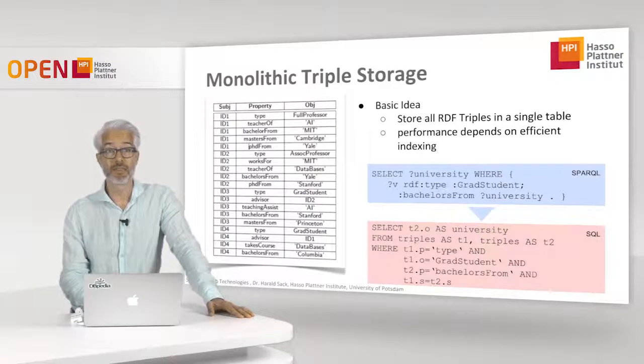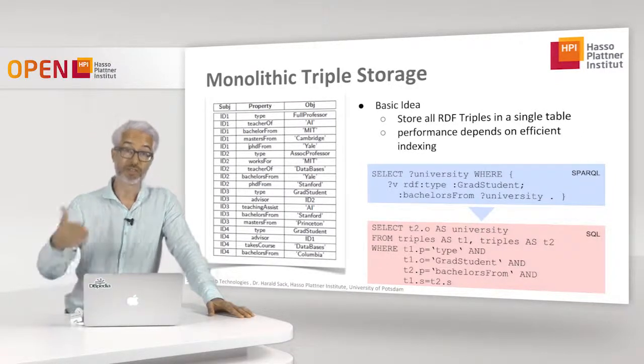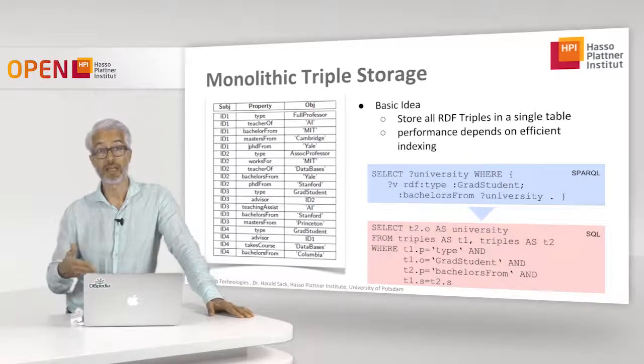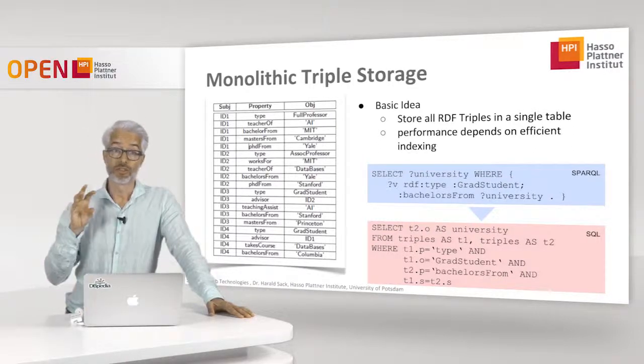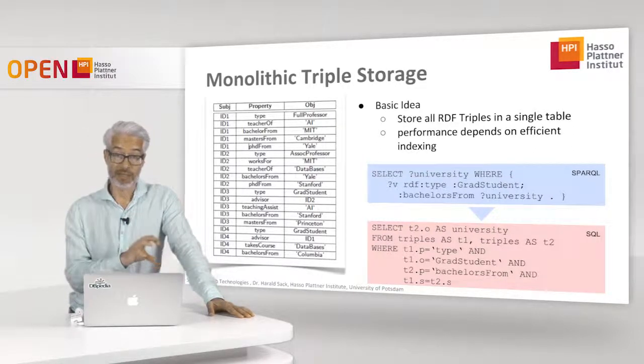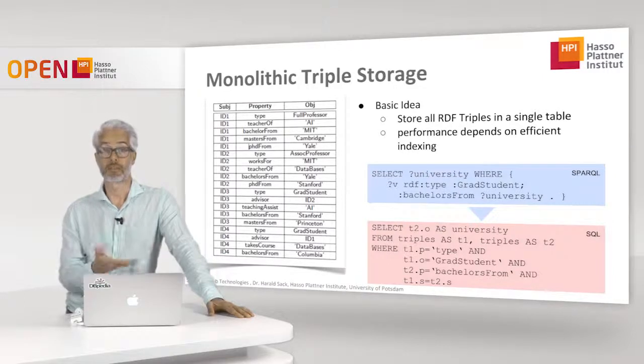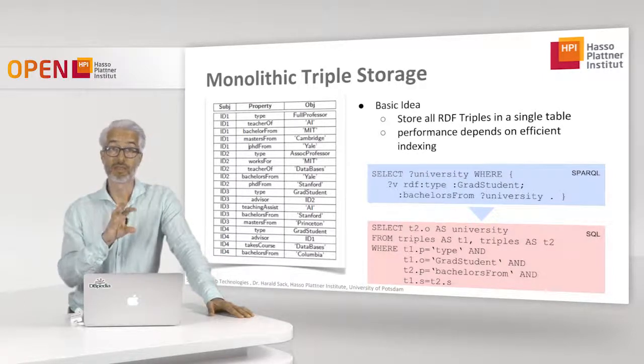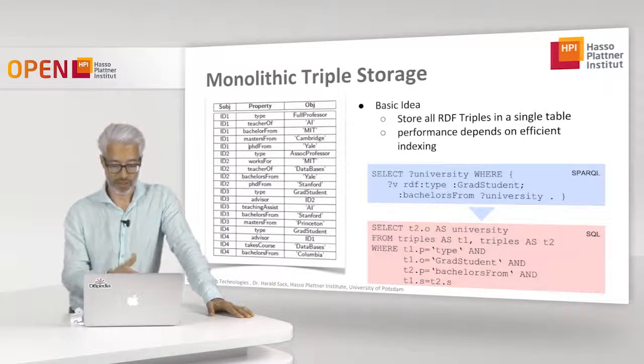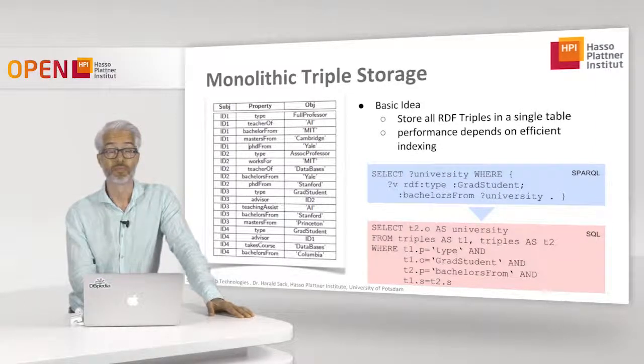Okay, so this is the translation of SPARQL into SQL if I use a generic relational database management system as a triple store, and if I'm using monolithic triple storage like it's displayed here.